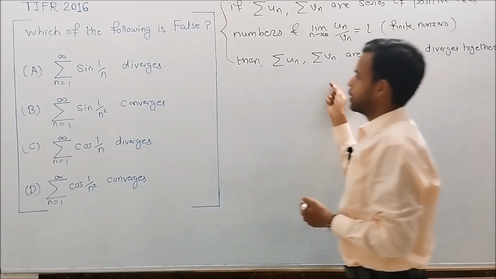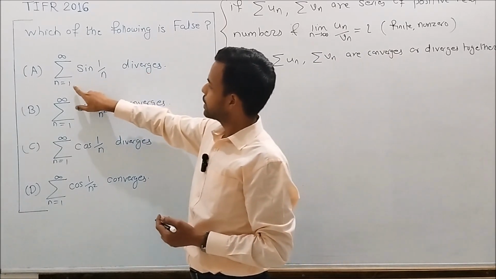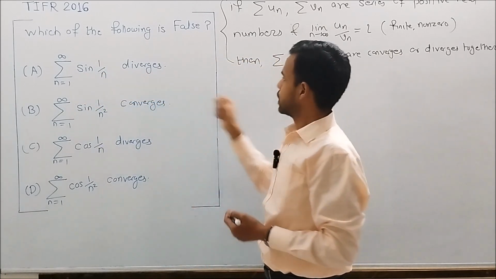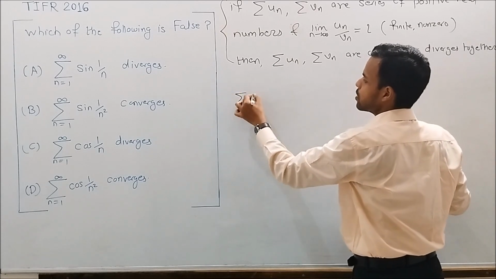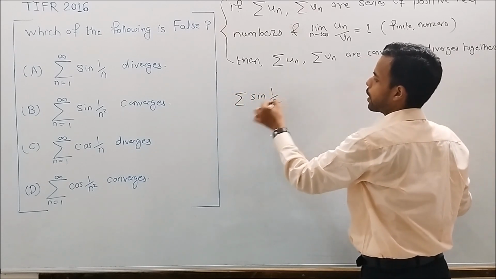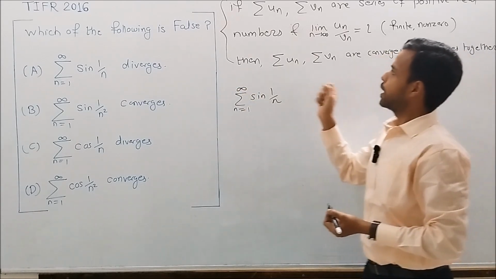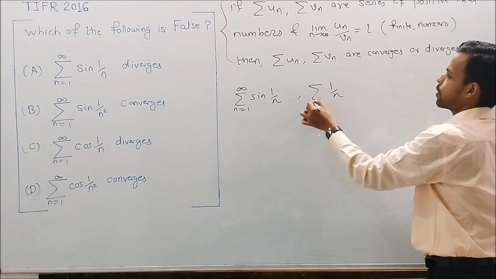Let's use this test to verify option A. Option A is: the series sine of 1 upon n diverges. Let un be sine of 1 upon n, and let vn be 1 over n.